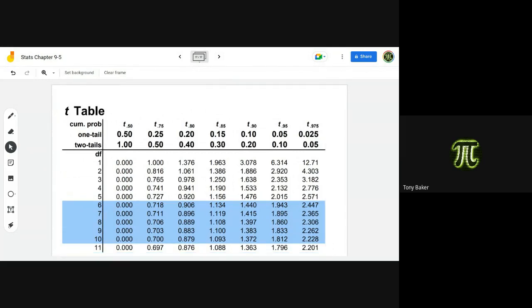So we're going to look at one-tailed, 10.